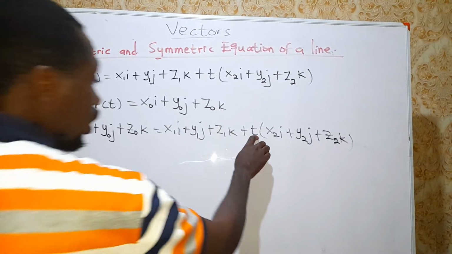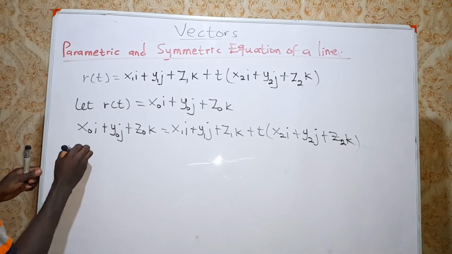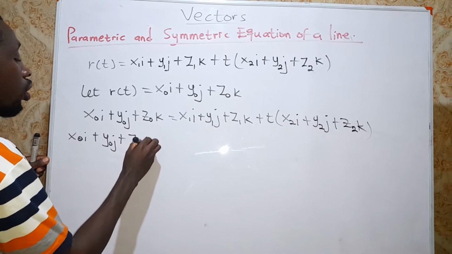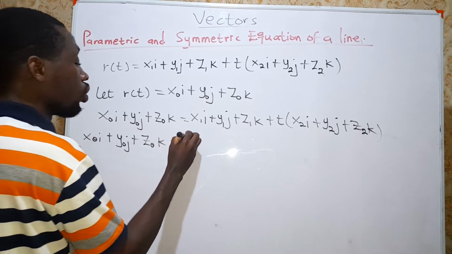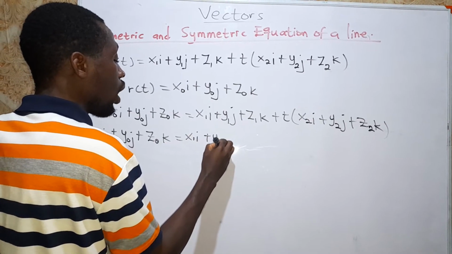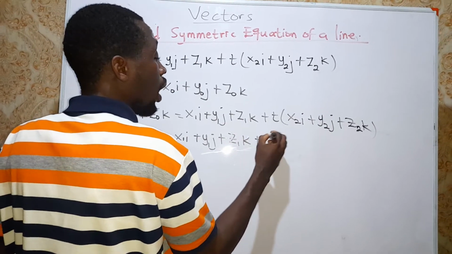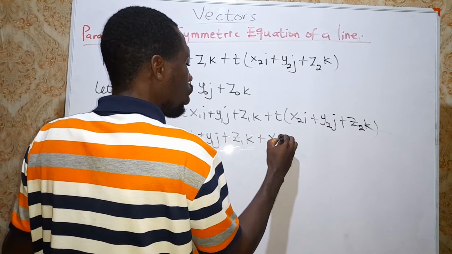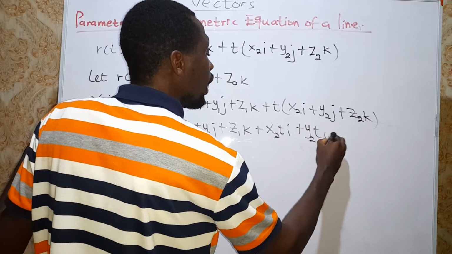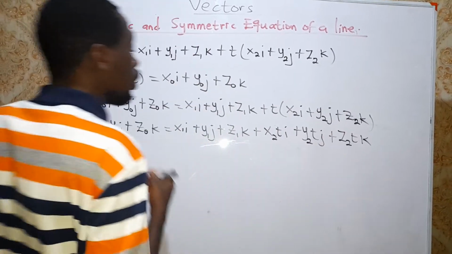Now let's expand this, that is, we distribute the t over this. So what are we having? We have x naught i plus y naught j plus z naught k equal to x1i plus y1j plus z1k plus x2ti plus y2tj plus z2tk. Now group like terms.